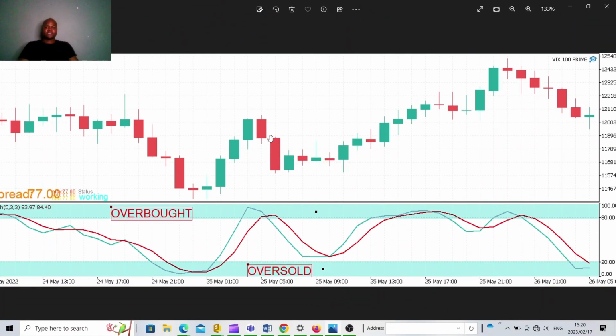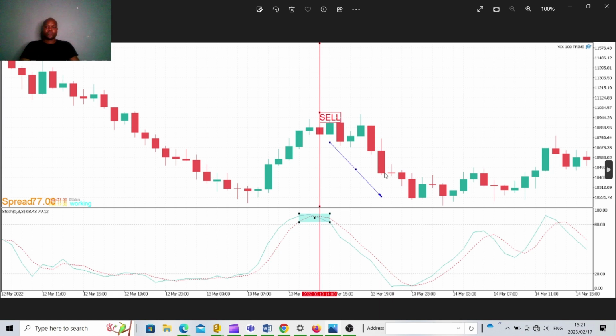Okay, so let's look at how we can use the stochastic oscillator to generate signals. On the stochastic oscillator, above the 80 level and below the 20 level we have our overbought and our oversold regions, which is very important. The stochastic can be used to show the overbought regions and the oversold regions.